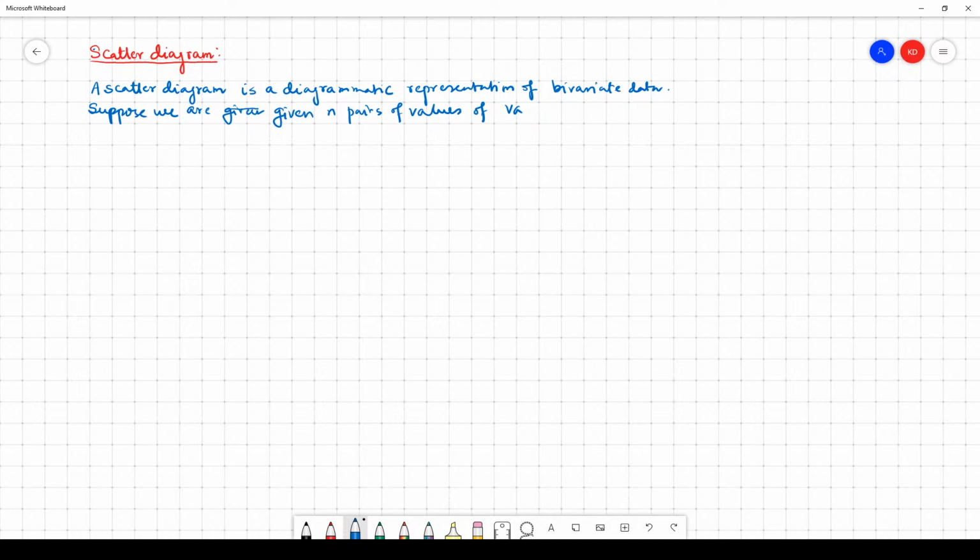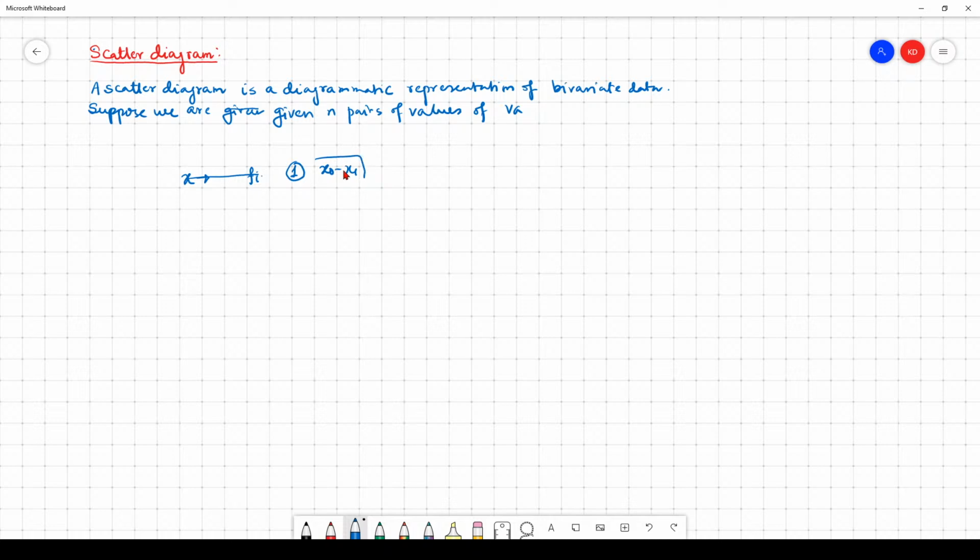What is the difference between conditional and marginal? Marginal is a different thing, child. Marginal is eliminating the effect of y. Suppose you are interested in the marginal of the x variable. It is better to take the first class of x, that is x naught to x1.